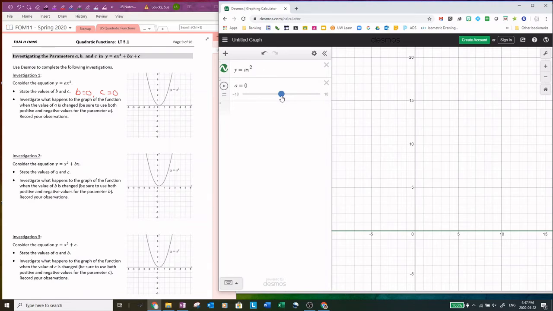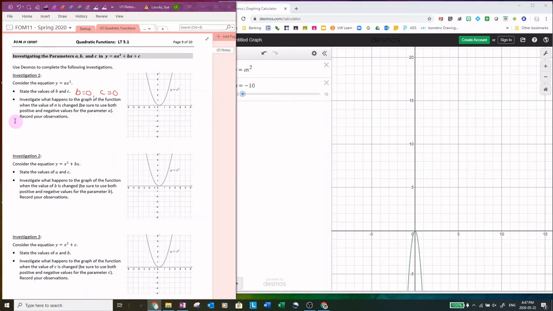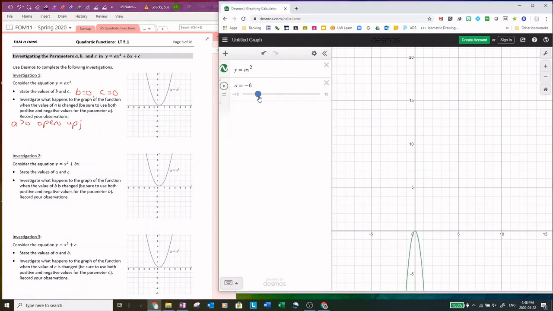That was part of the definition. So if a is greater than 0, it opens up. And if a is less than 0, it opens down.